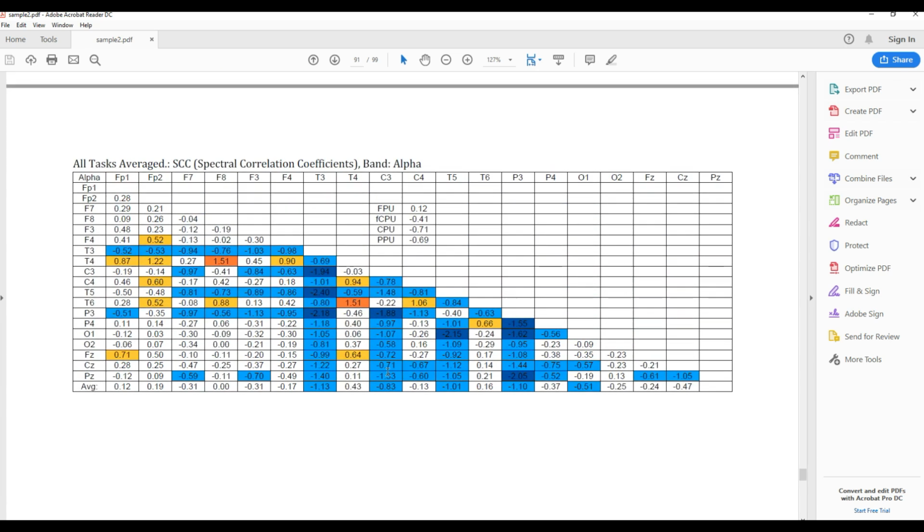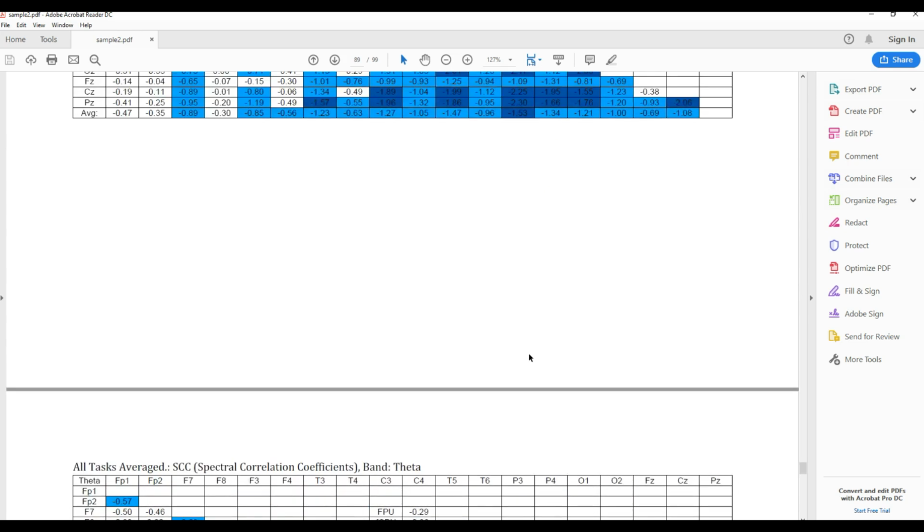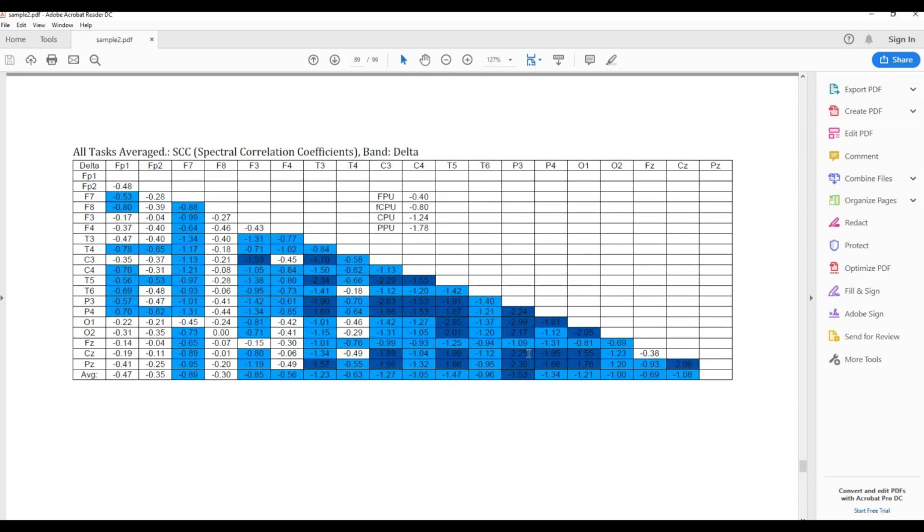And now we're looking at coherence alpha, and again T3, C3, T5, and P3 and O1, all left hemisphere origin sites for these flashlight variables are particularly problematic. And again, the theta shows similar problems, again not to be the focus, and delta showing low values across the board.